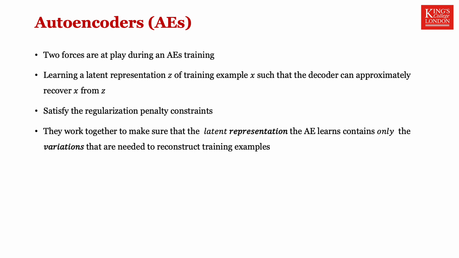But you want to do this according to specific regularization or penalty constraints, and these penalty constraints can be either explicit, in the form of, for example, a sparsity term, or they could be implicit, either, for example, via the denoising autoencoder approach, or purely by making the subspace of Z smaller.